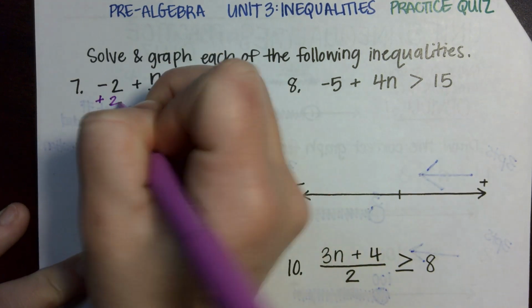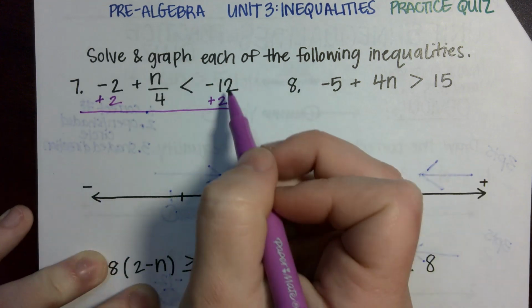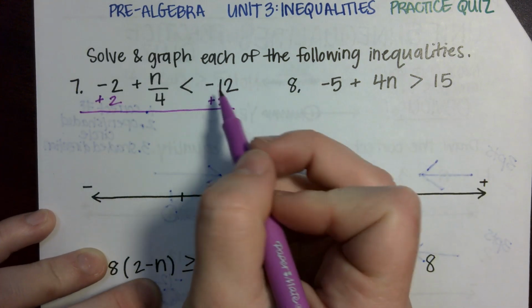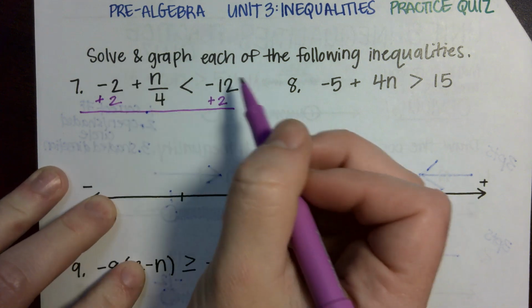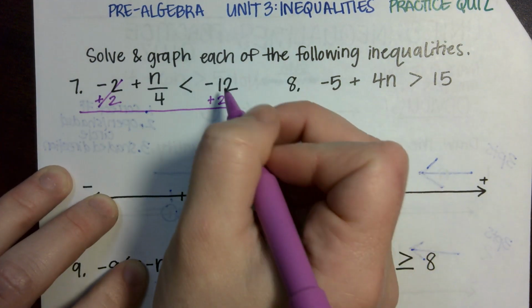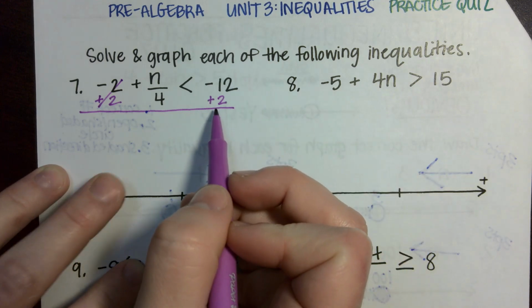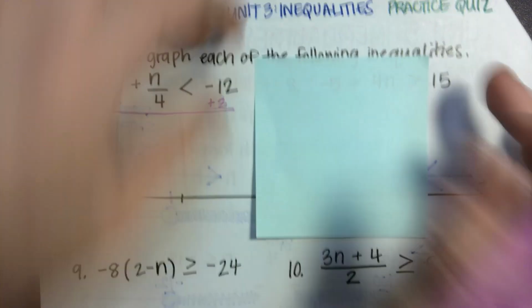Good, plus 2 to get rid of that minus 2. Now, whenever we add to a negative number, think about what it does to that negative. It's not going to be negative 14, I'll tell you that right now. It won't turn it to a positive. Here, let's draw a quick number line. I want to make sure we understand this.